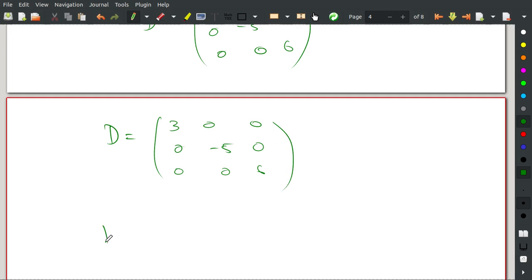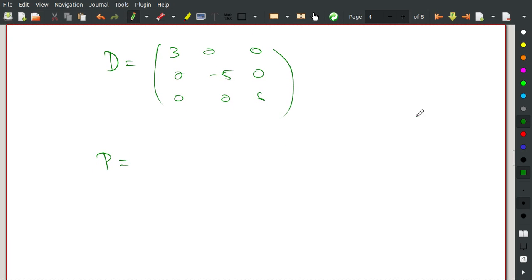And the P matrix is nothing but the eigenvector matrix.